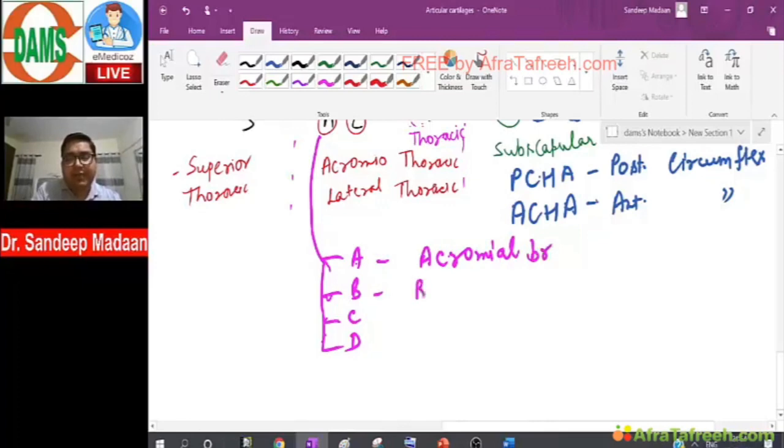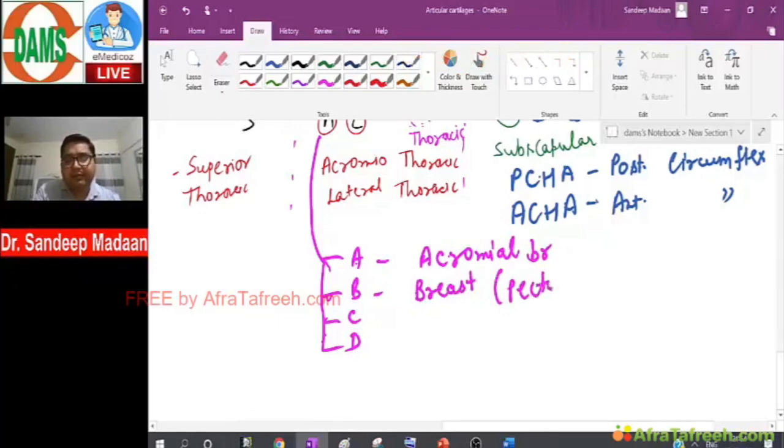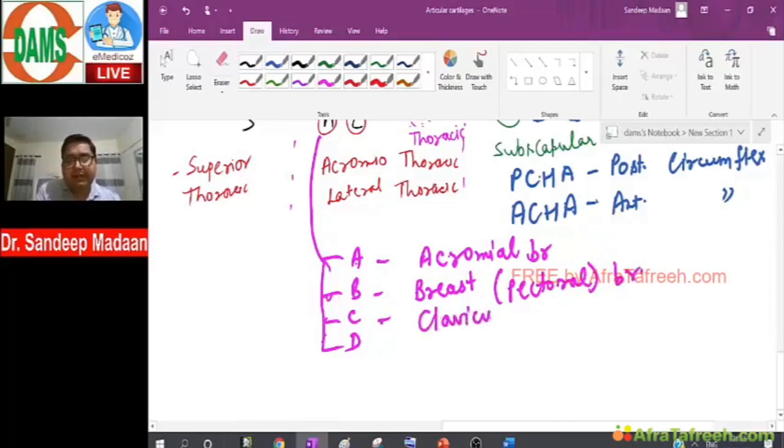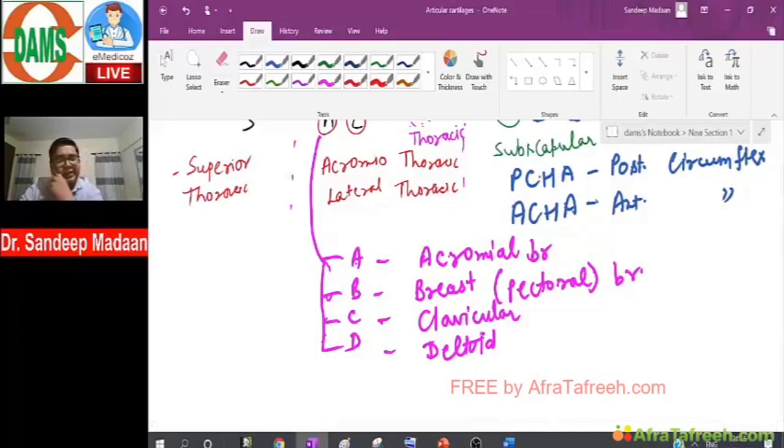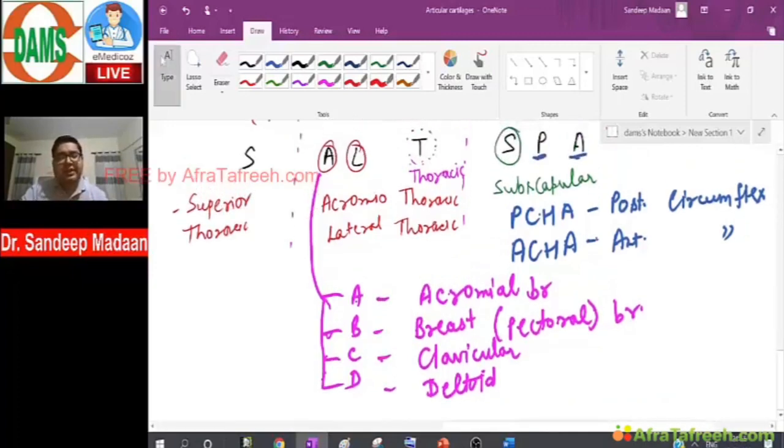B is the breast or pectoral branch. C is clavicular. D is deltoid. So these are the branches of the acromiothoracic artery: acromial branch, breast or pectoral branch, clavicular branch, and deltoid branch.